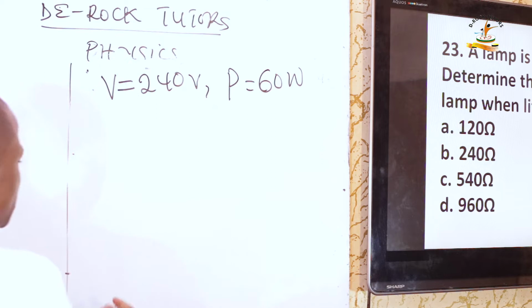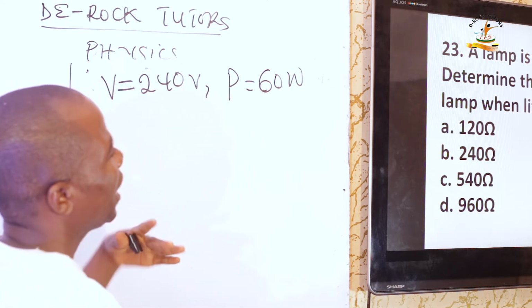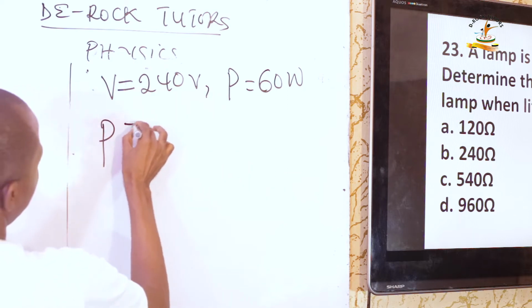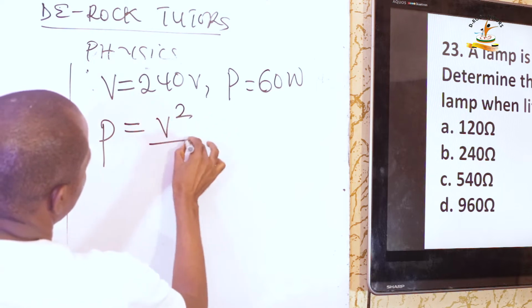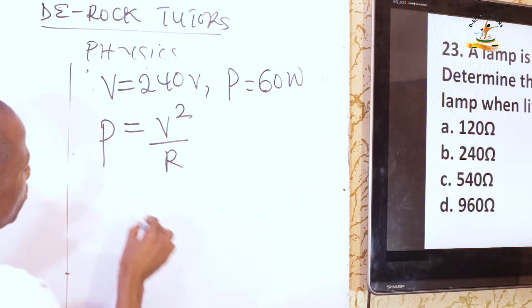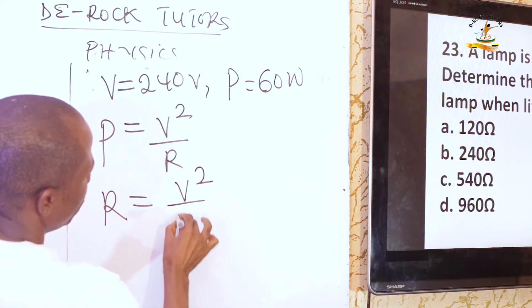Don't forget there is a simple formula that connects the voltage, the power, and the resistance all together. The formula goes thus: the power is equal to V squared all over R. Now, we can simply make R the subject of the formula. When we do that, R becomes V squared all over P.